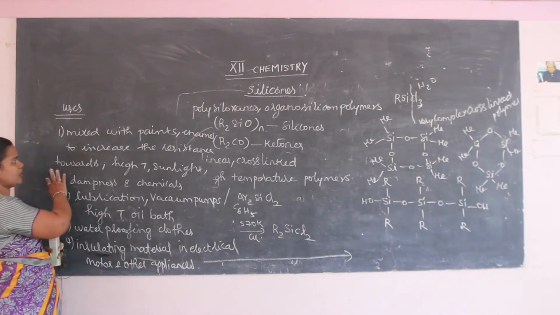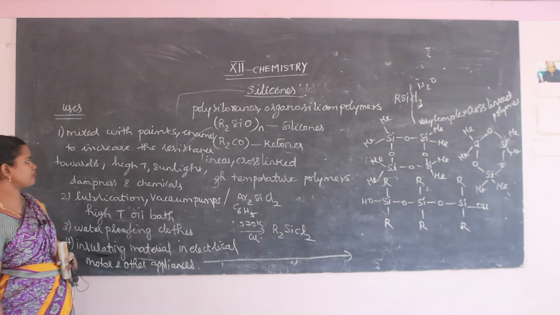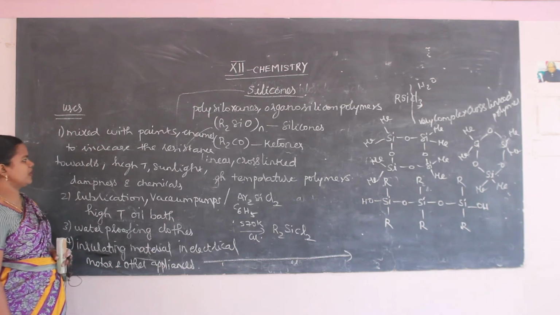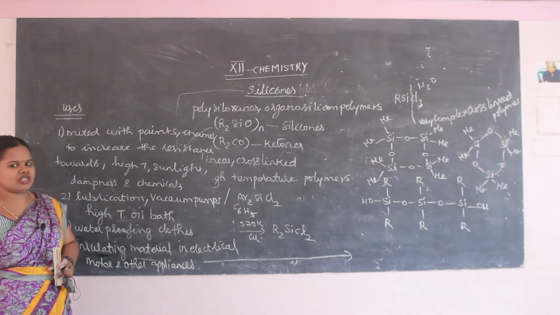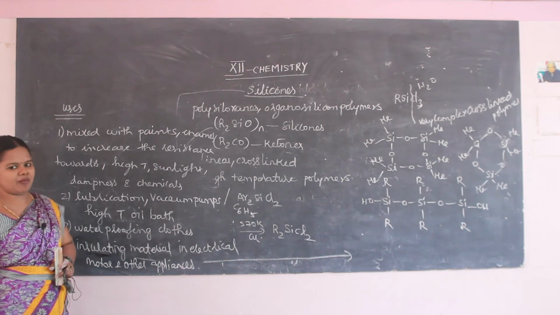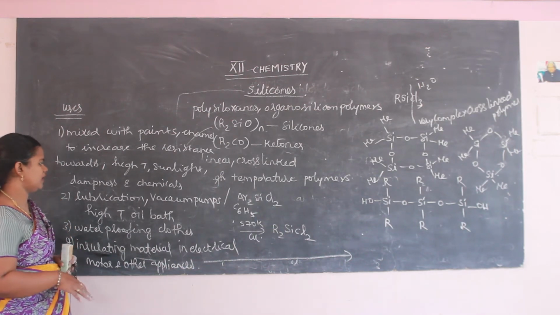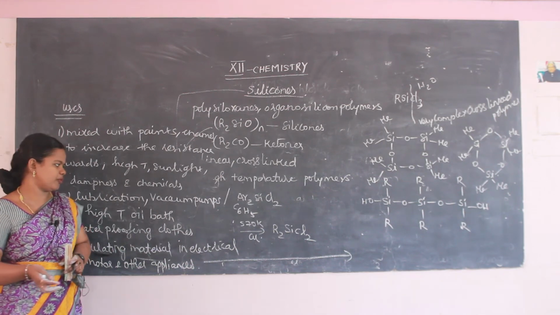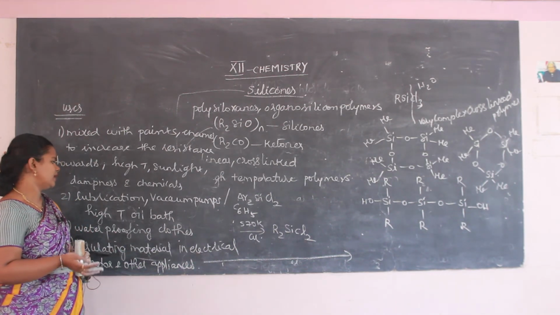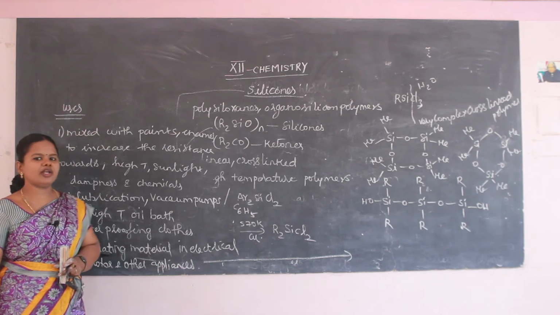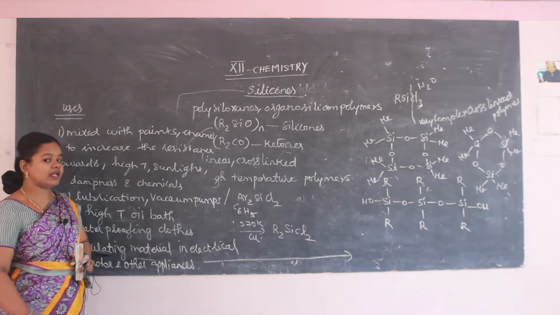So look here, what are the uses of these silicones? It is mixed with paints and enamels to increase the resistance towards high temperature, sunlight, dampness and chemicals, so that these don't affect it. They use it in lubrication in engines, in vacuum pumps, and in high temperature oil baths. And it is used in waterproofing clothes.